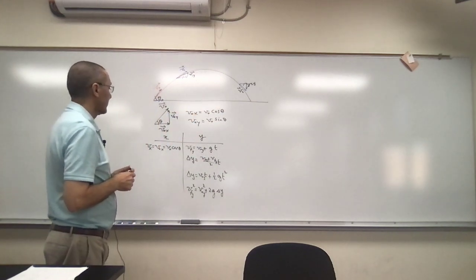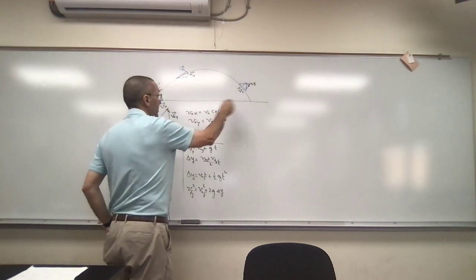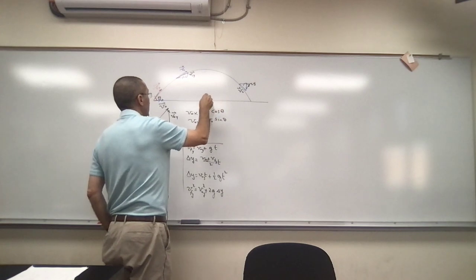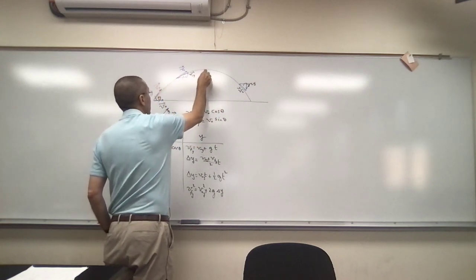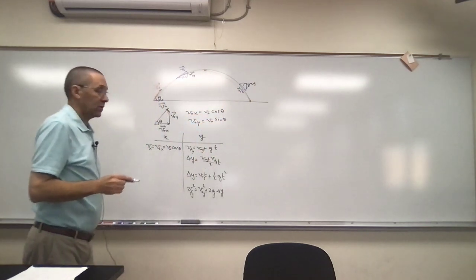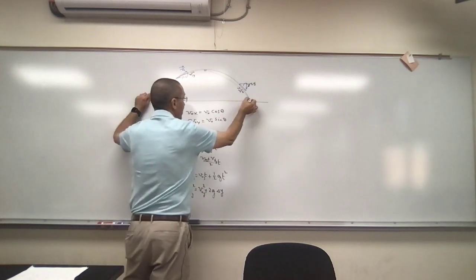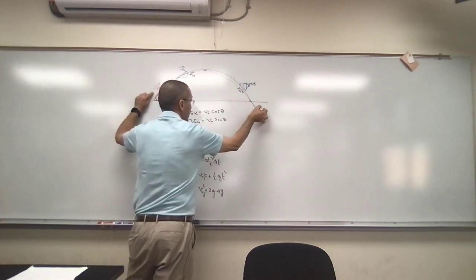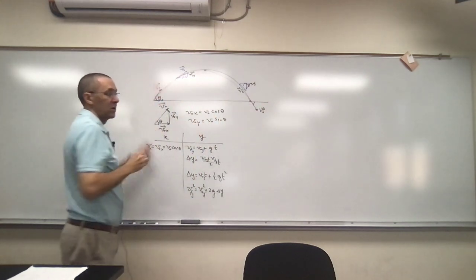A couple other things. If you're going to land at the same level, the time it takes to go up to here is the same as the time it takes to go down to here. Okay? If you fire with the velocity V0 here, you're going to land with the velocity V0 here with the same angle that you started with.